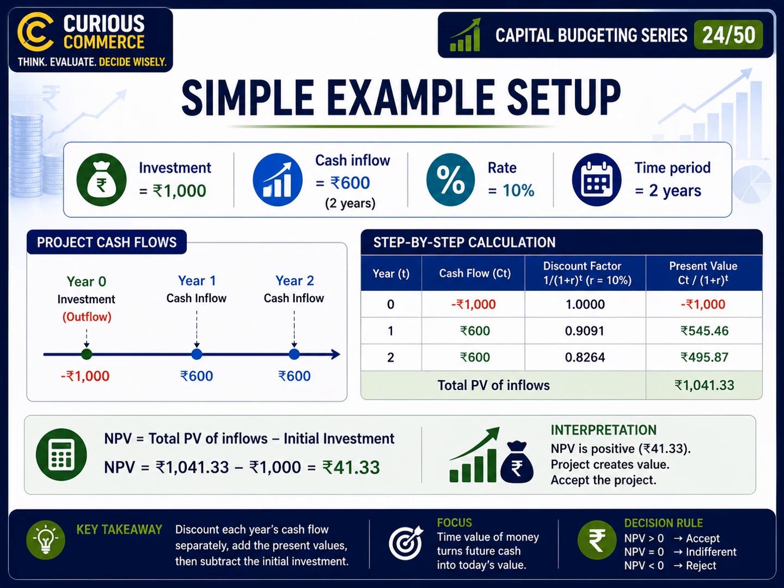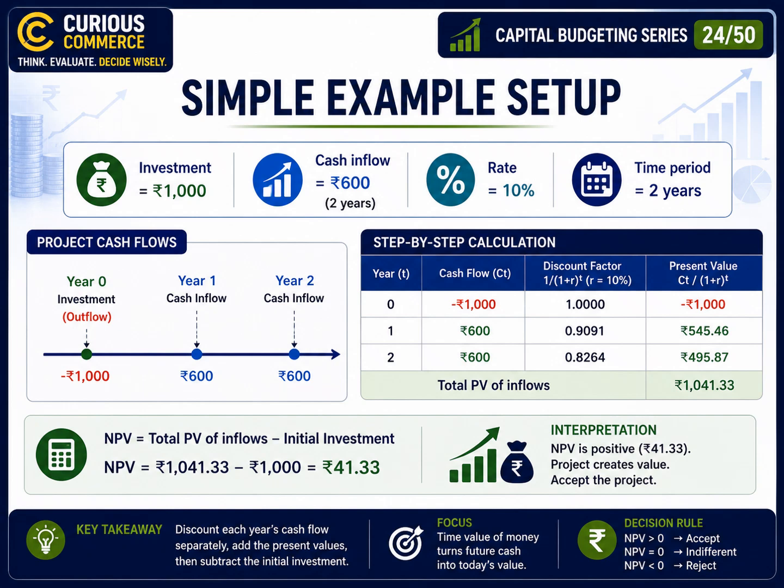Now let us take a simple example. The investment is rupees 1000, cash flow is 600 rupees for 2 years. The discount rate is 10%. Now we must calculate whether the project creates value or not.